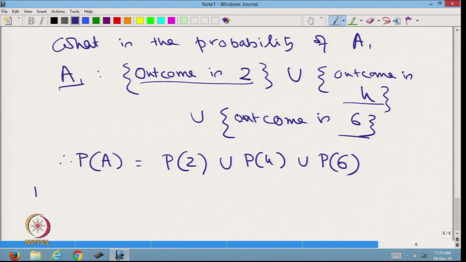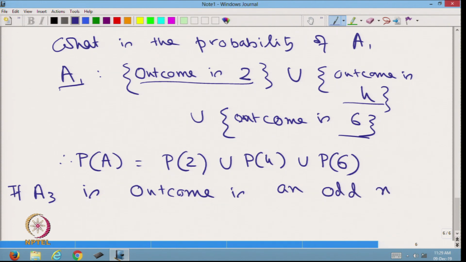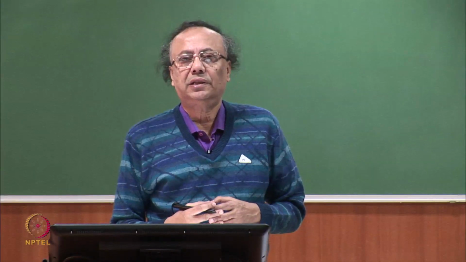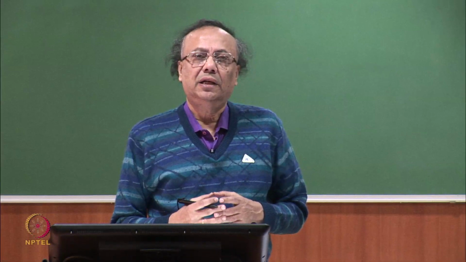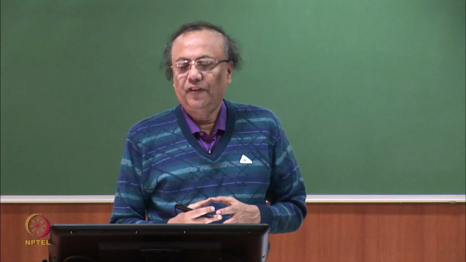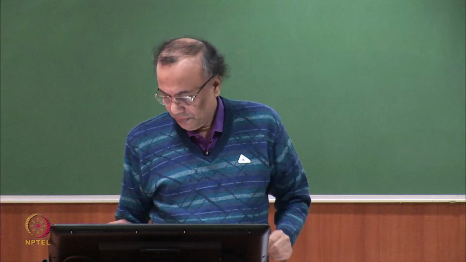Similarly, if A3 is outcome is an odd number, then A3 is equal to A1 complement. Thus, the set operations union, intersection and complementation are part and parcel of defining events on some omega.